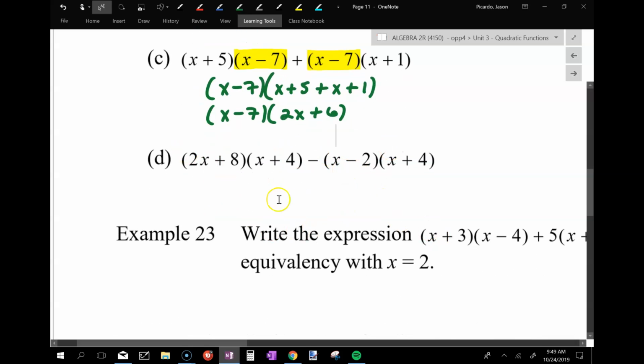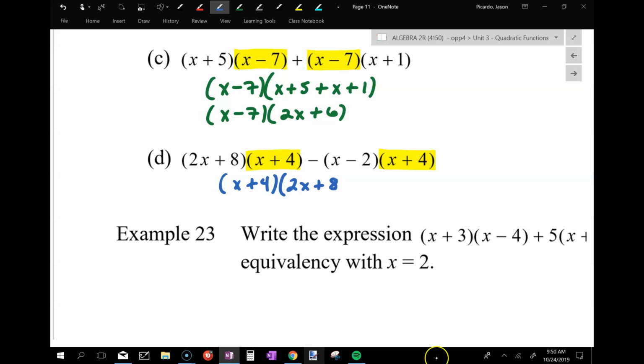Anything here that they share in common? The x plus 4. Okay, and so when I take x plus 4 out of this, what's left? 2x plus 8.